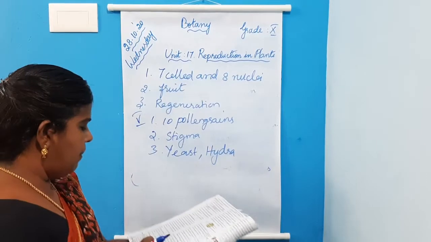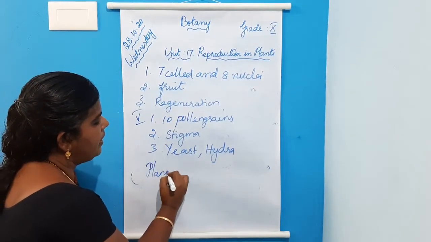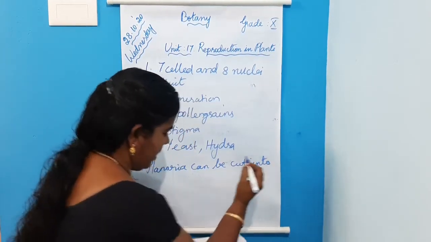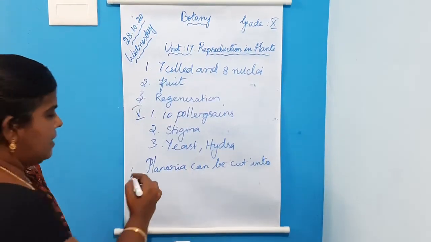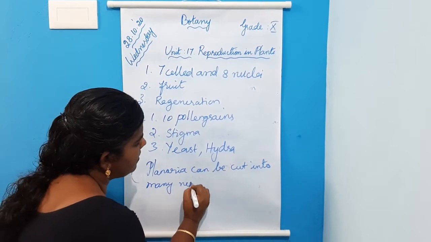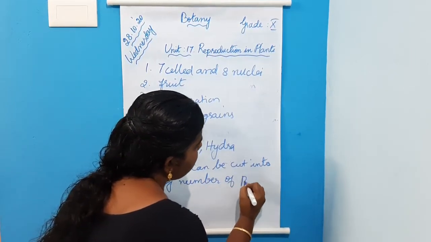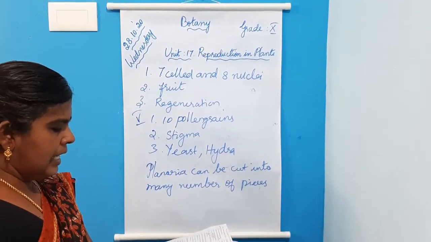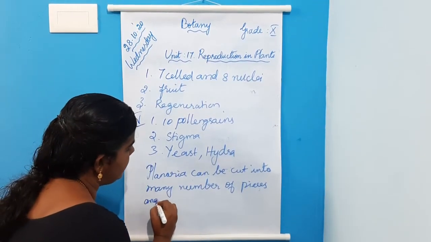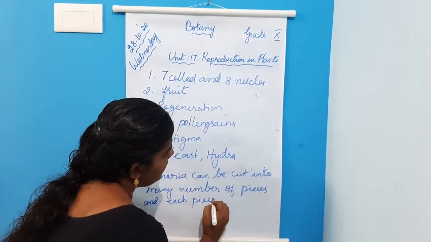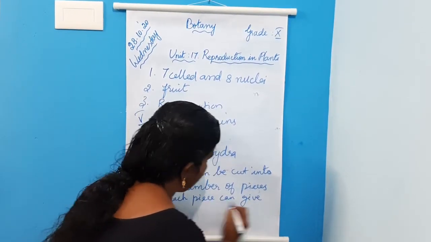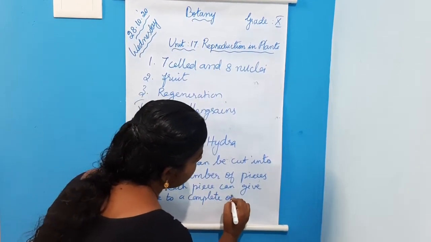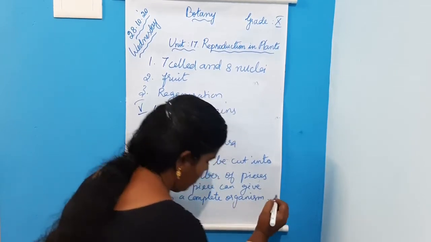Planaria can be cut into many number of pieces, and each piece can give rise to a complete organism.